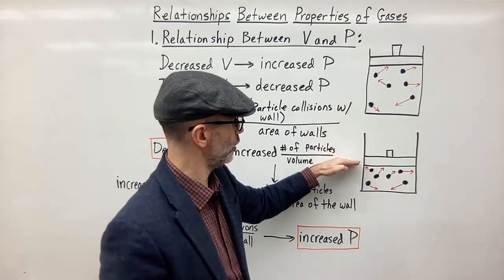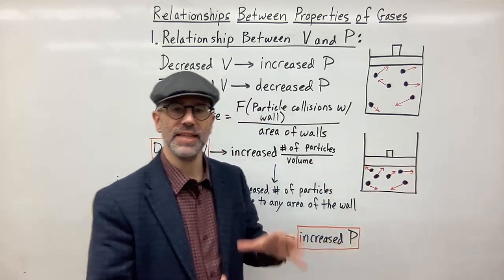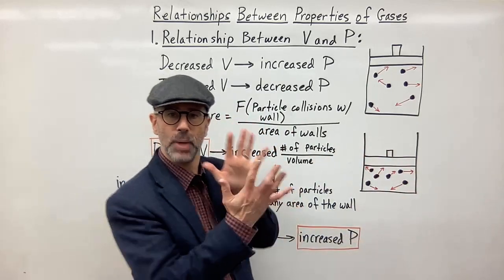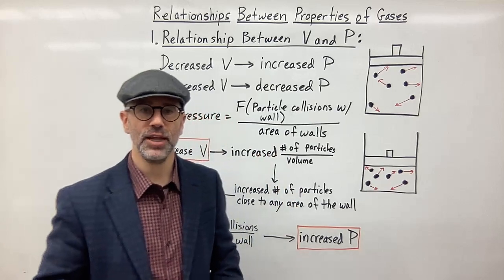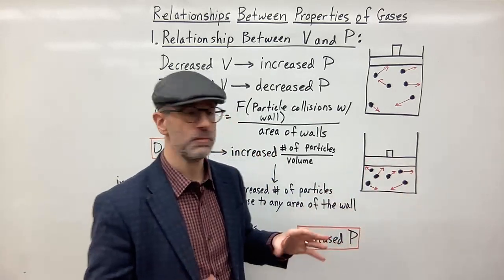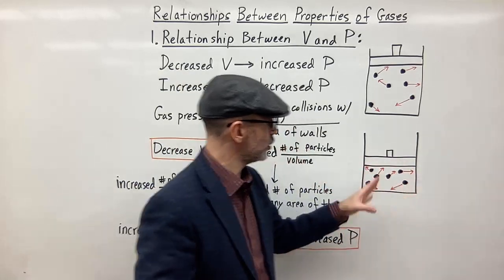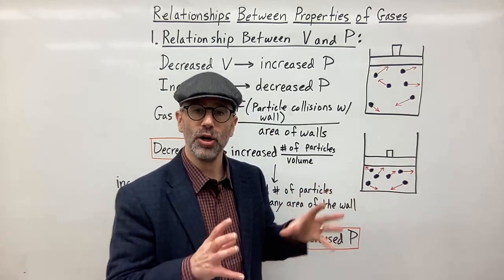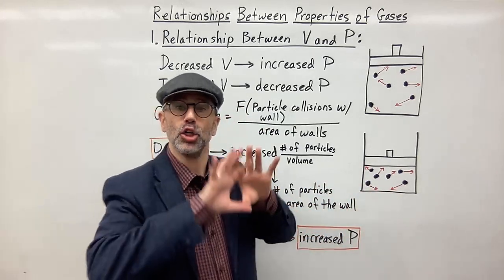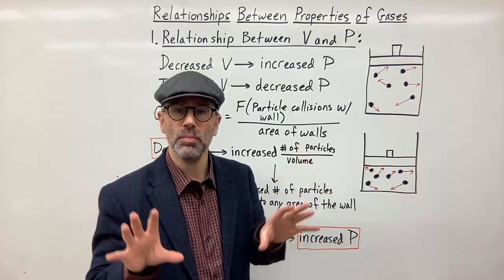So I'm going to lower the piston. And then what you notice right away is that the particles are now bunched up closer together, so they don't have as much space to move around. There's less surface area here, and so you have more particles that are closer to the surface of the container at any one moment.